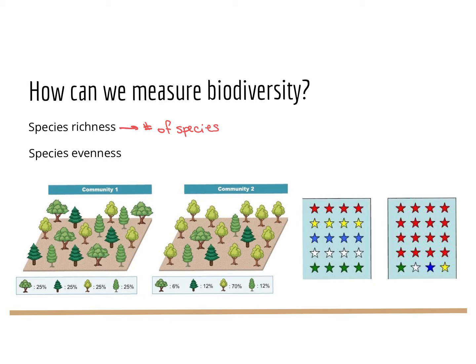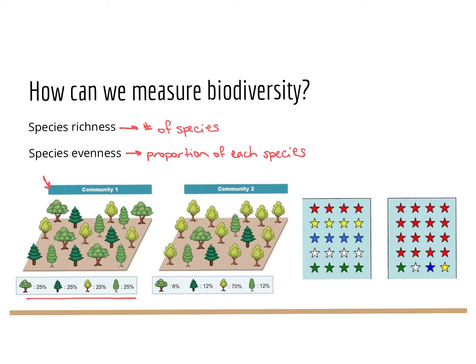Species evenness, on the other hand, is the relative proportion of each species. Both Community 1 and Community 2 have the same species richness. They both have 4 different species. But Community 1 is actually more biodiverse because it has greater species evenness, meaning that those 4 different species are more equal in proportion to each other, rather than Community 2 where the proportions are unequal.